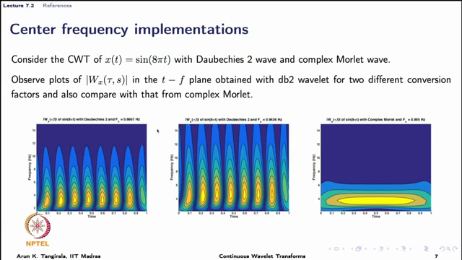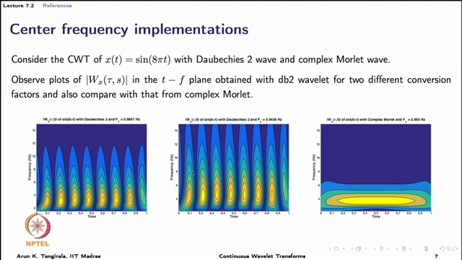And what I do here is I use the two different conversion factors when it comes to Daubechies 2 wave, because there is considerable difference between the peak frequency and the center frequency, whereas for a complex Morlet wave the difference is negligible.